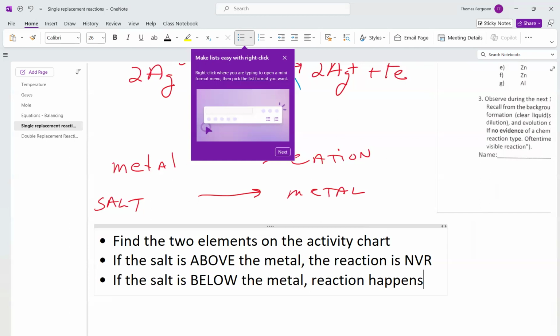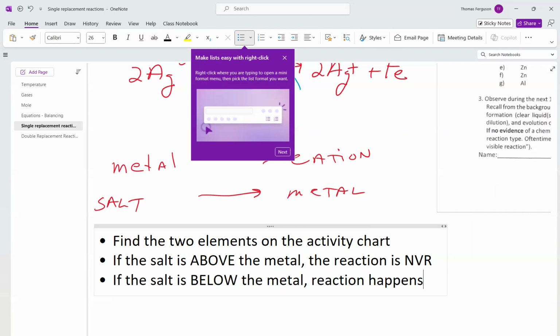If a metal can lose electrons and that new ion that's formed is more stable than what you started with, it'll happen. It'll lose 2 electrons. So if it's not more stable, it won't happen. And it's always compared to something else.